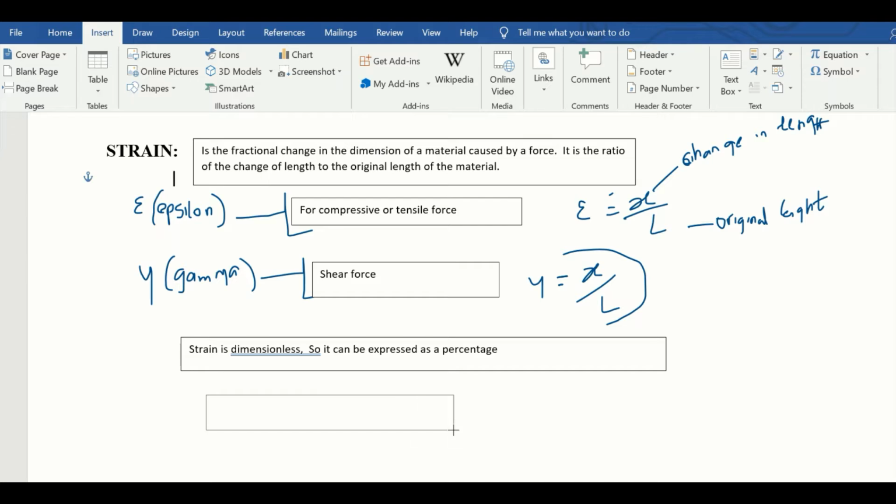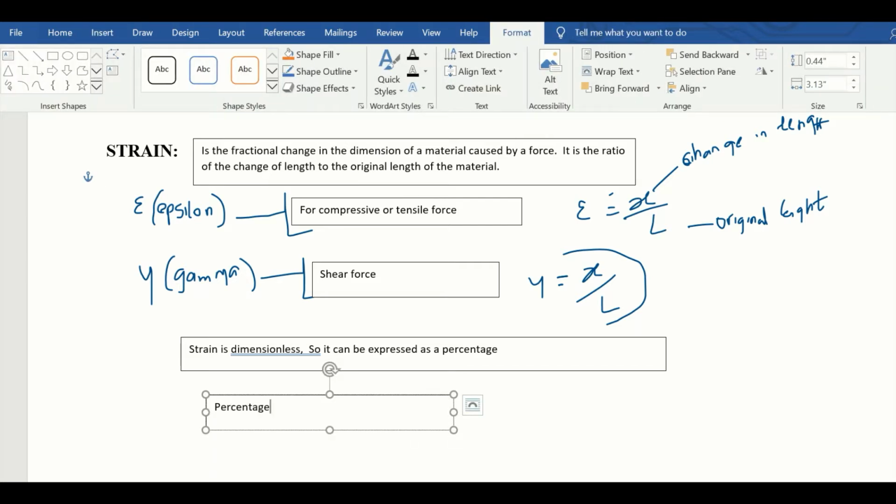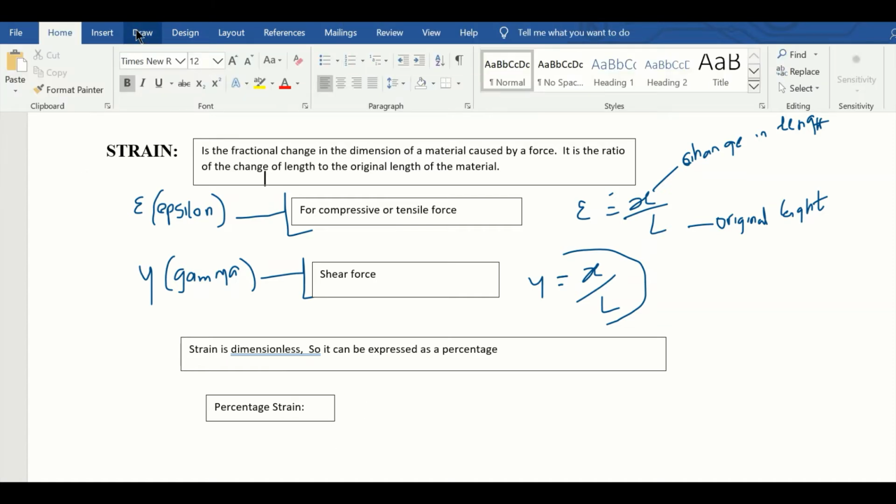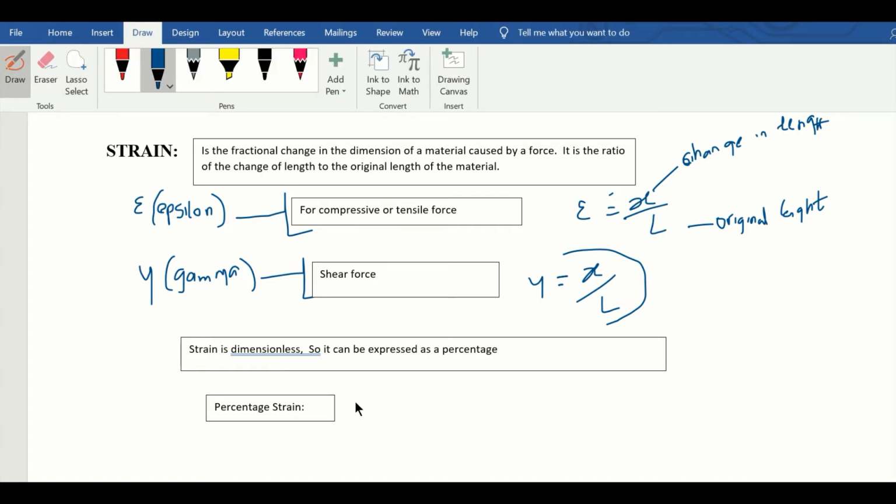How do we find it? The formula is given as this: percentage strain is equal to the change in length, which is the extension, over the original length times 100. This is how we find the percentage strain.